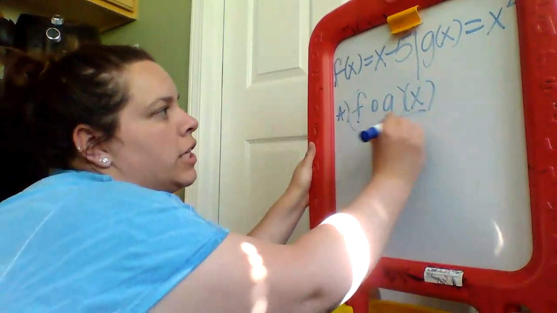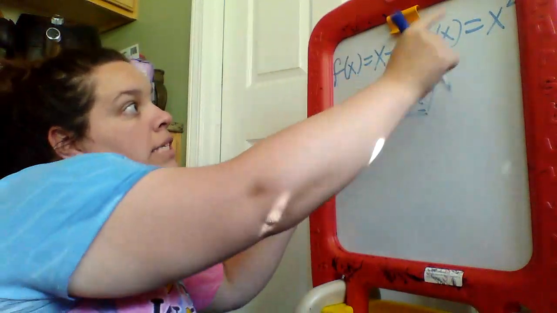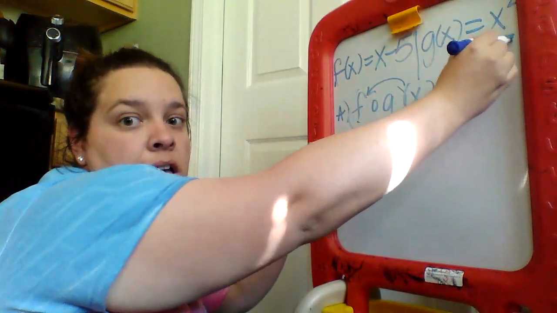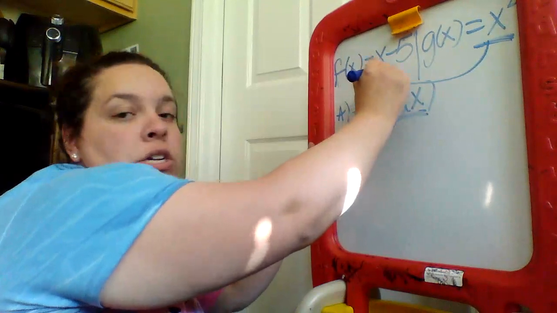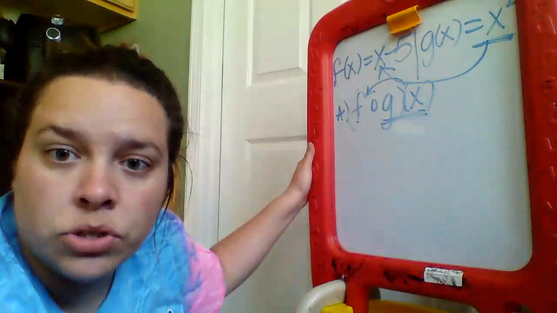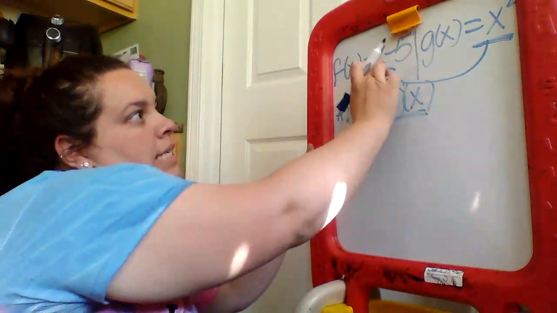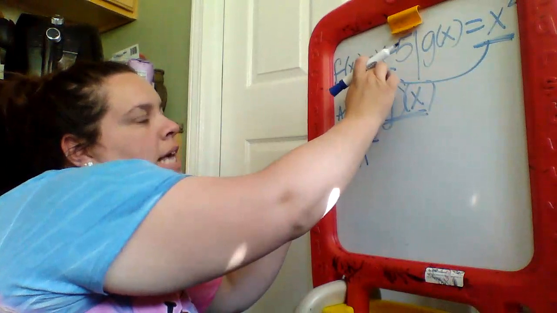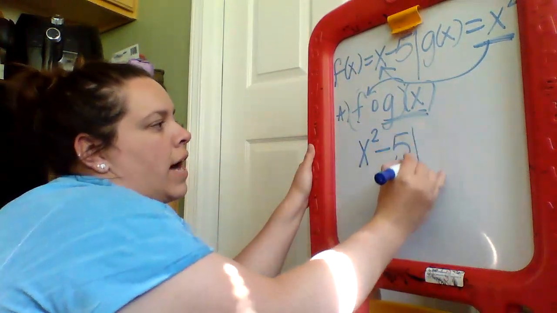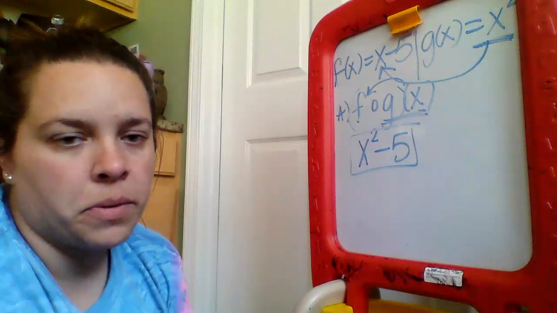I'm going to plug it in for the x values. It's a substitution, okay? So this would become x squared, because it's subbing this x squared in for this x, minus 5. And that would be the f of g of x, okay?